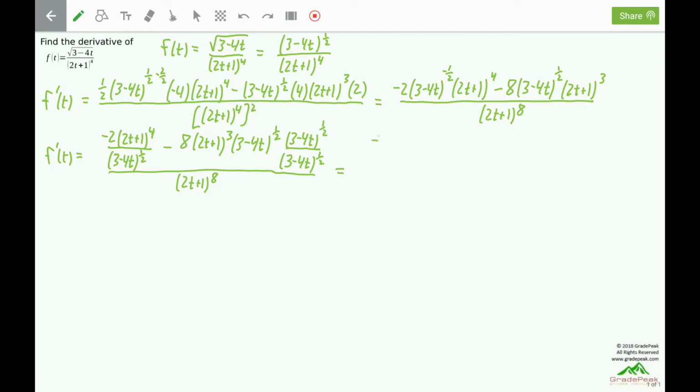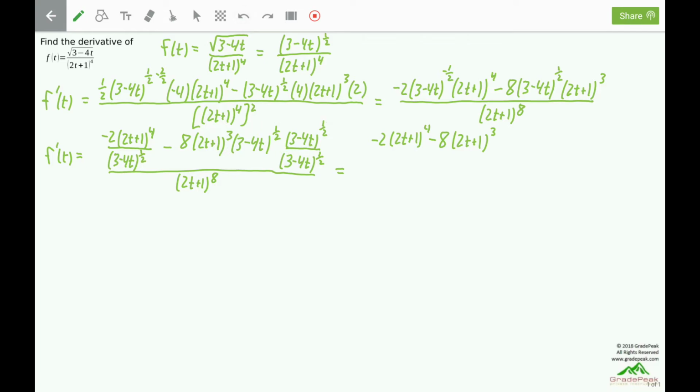So my first term's numerator, I have a -2 times a 2t plus 1 to the fourth. The second term numerator, I have a -8. I have the 2t plus 1 cubed. And I have these two multiplying each other. Now, in this case, they are like base.